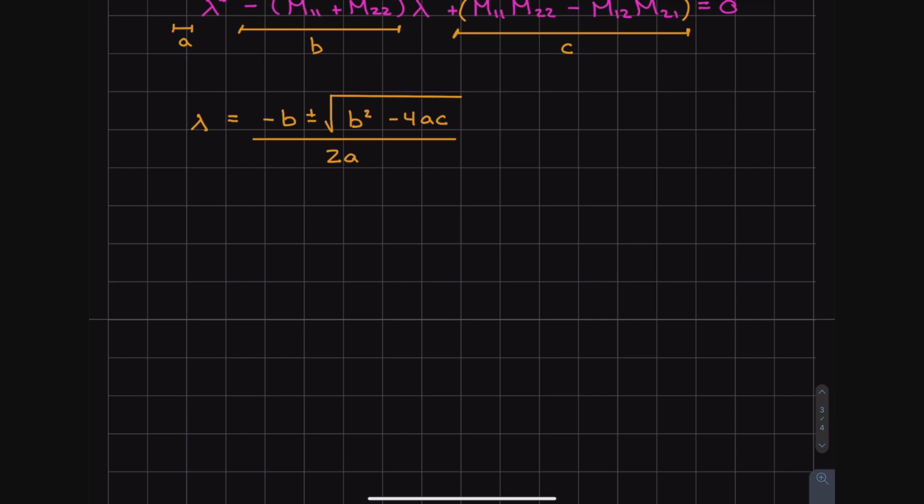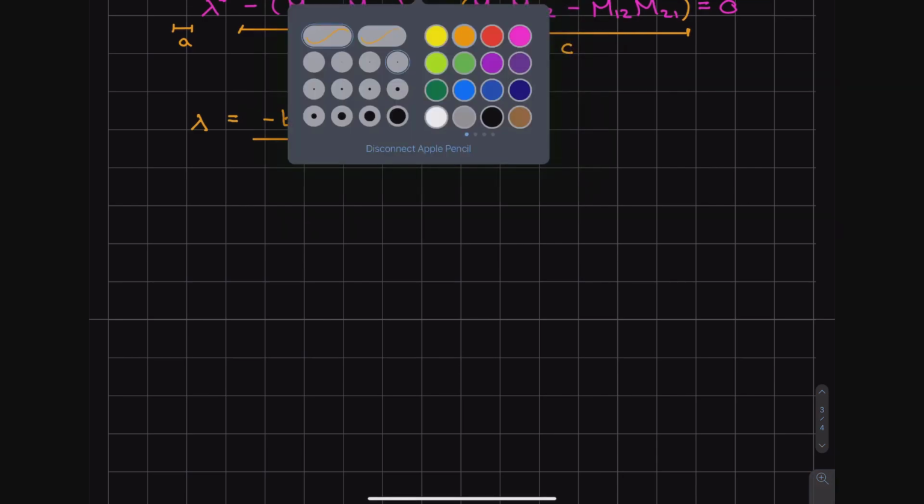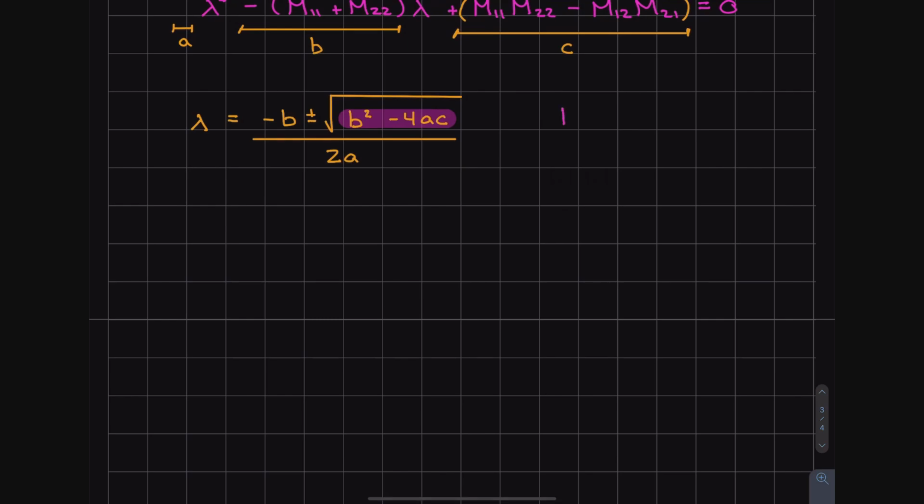So if we look at this formula for lambda, this is what we're going to be interested in. To get non-real eigenvalues, b squared minus 4ac has to be less than 0. And if that's less than 0, then of course we'll have imaginary eigenvalues.